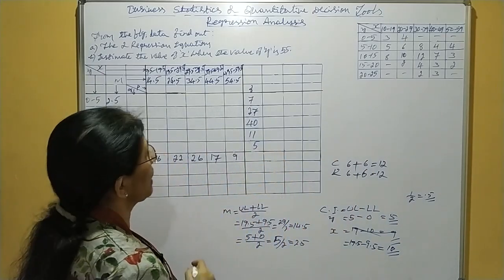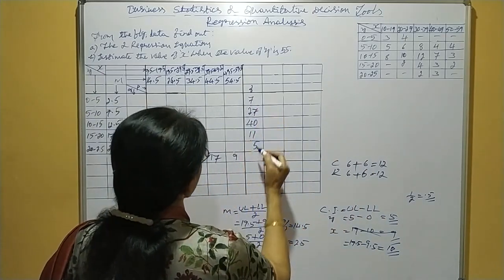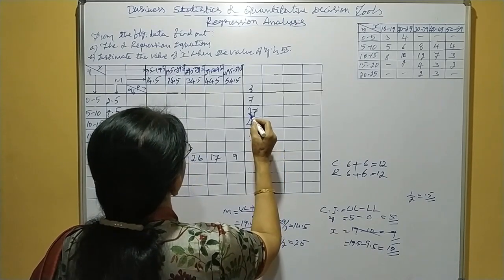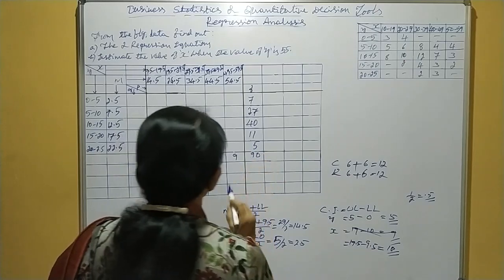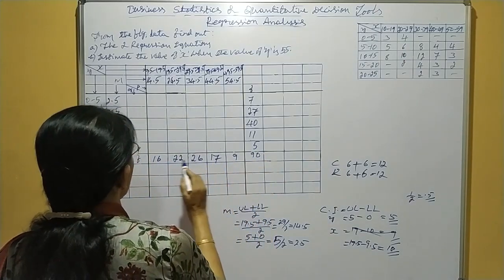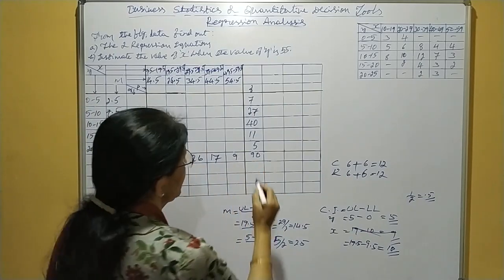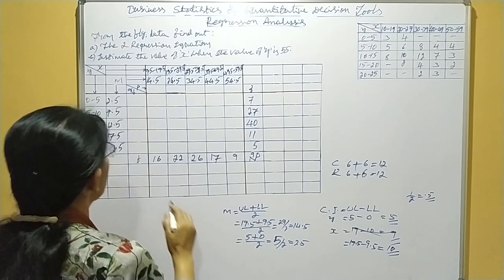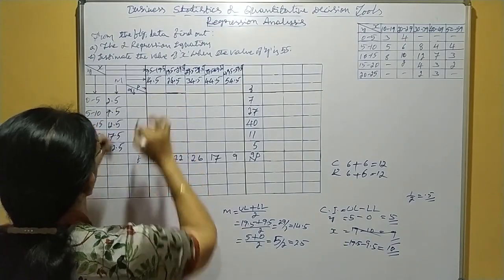Okay. Now take the grand total. It is 90 and this side, this also 90. That is what? N. Okay.